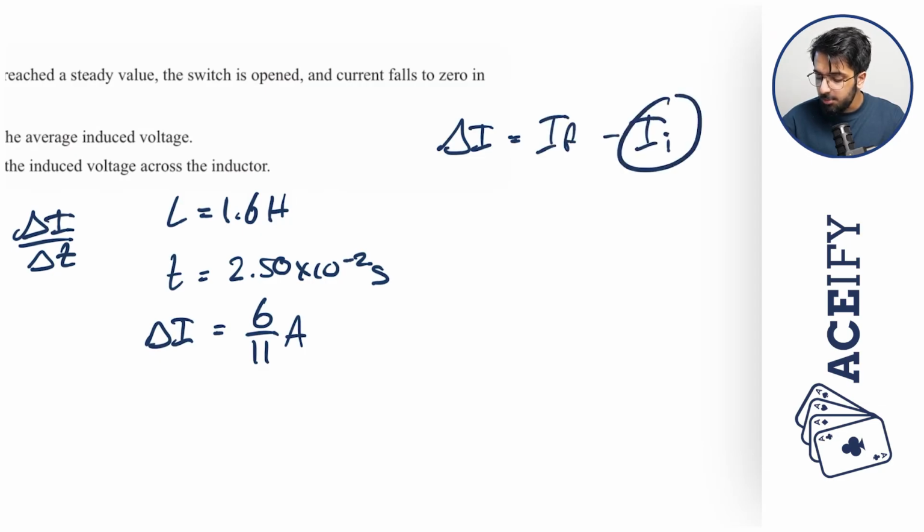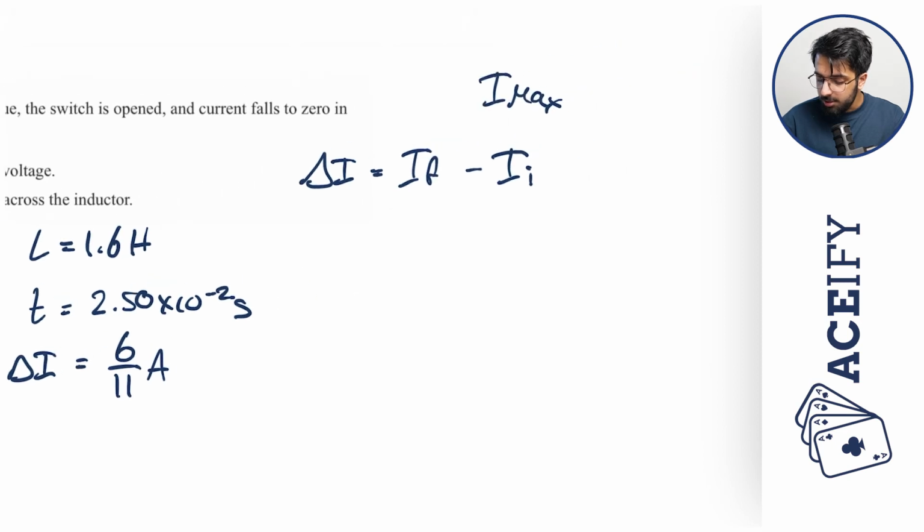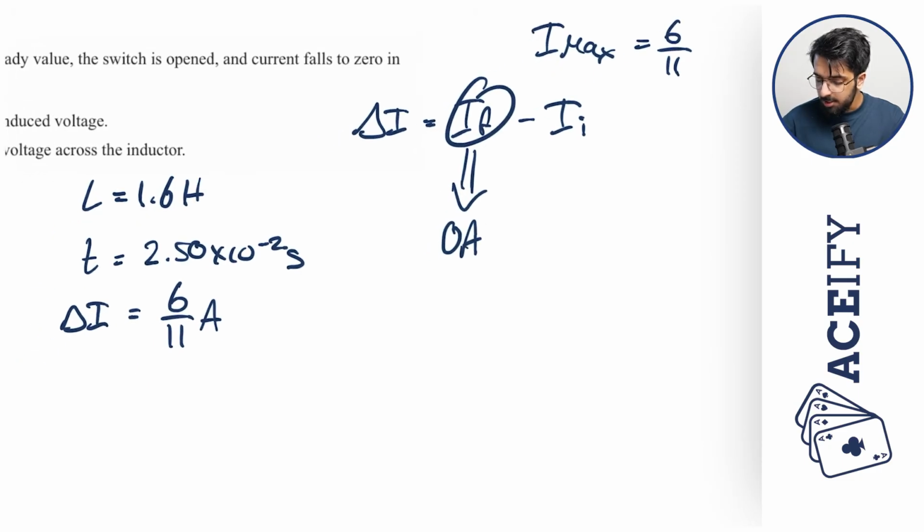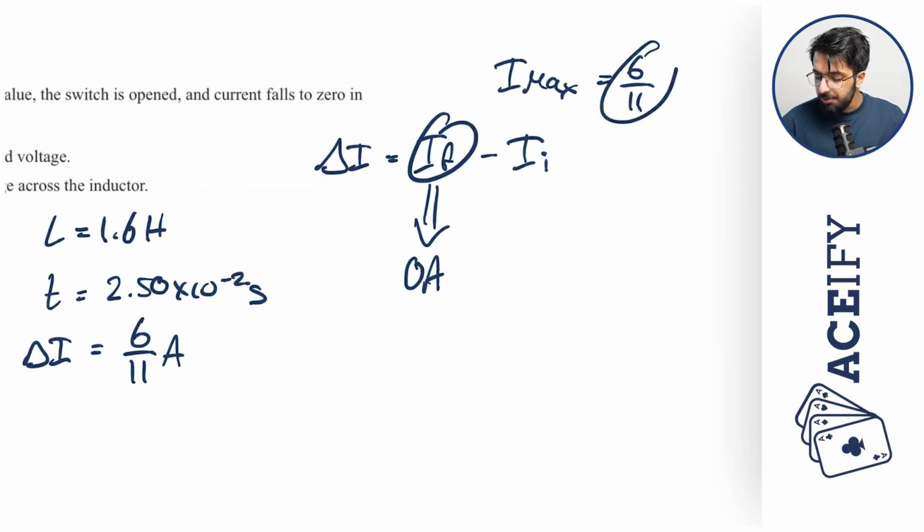The initial current value was whatever Imax was, which is equal to 6/11, and the final value is equal to 0 amps. And so this is going to equal 6/11, and remember we just want the value itself, not the direction. A negative change in current just tells us that it's going downwards, but we don't really care about that, we just care about the magnitude of the value itself. And so 6/11 is our change in current.